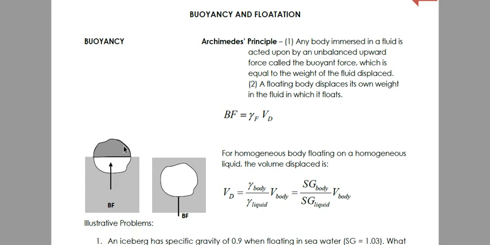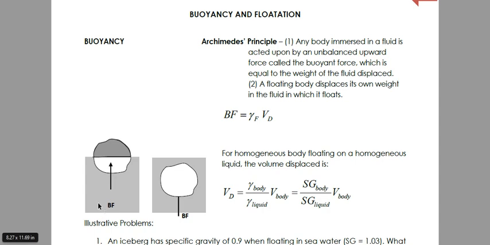So a part of it is exposed to the atmosphere and a portion is submerged in the fluid. So may na-displace na fluid dito. Because of the presence of the object or the body, may na-displace na fluid dito. So the weight of the displaced fluid then is equal to the buoyant force.